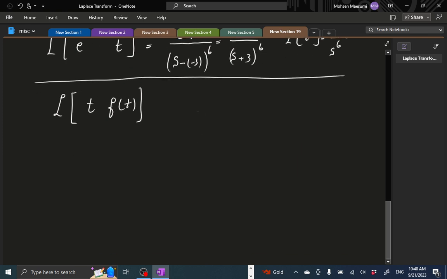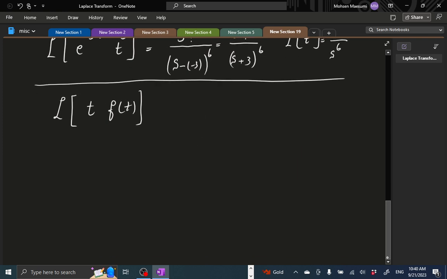Here is a simple explanation for what happens. Suppose I start with Laplace transform of f itself without that t. Well, what is that? It will have some definition, 0 to infinity of exponential of minus st f of t dt.